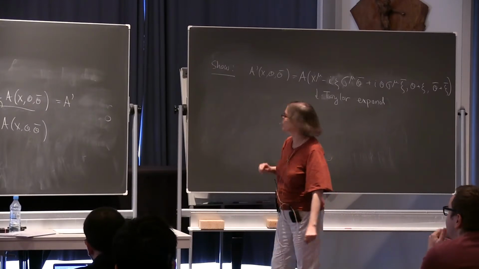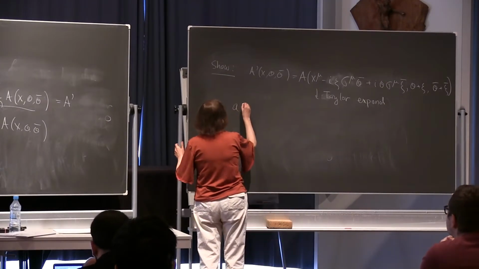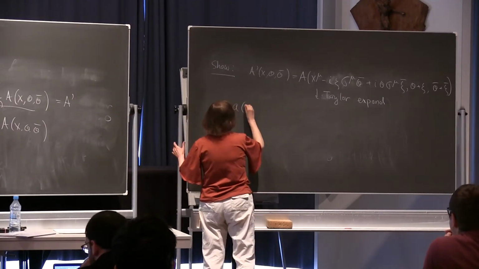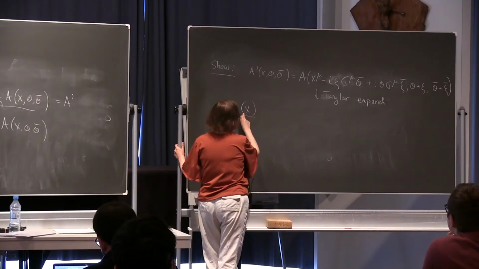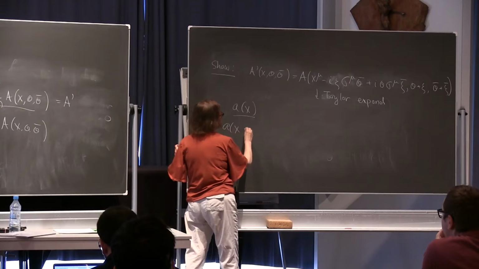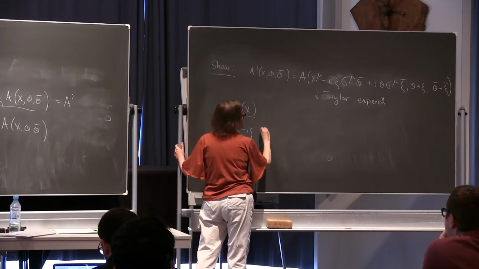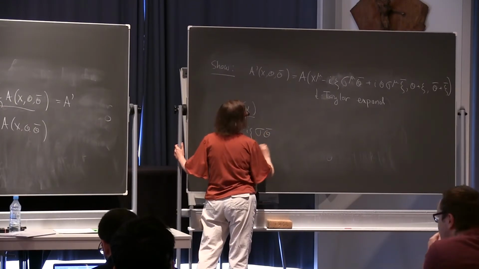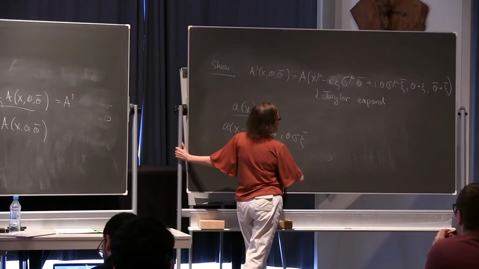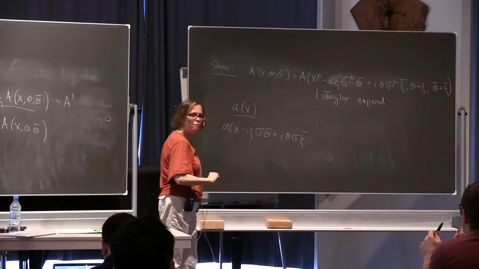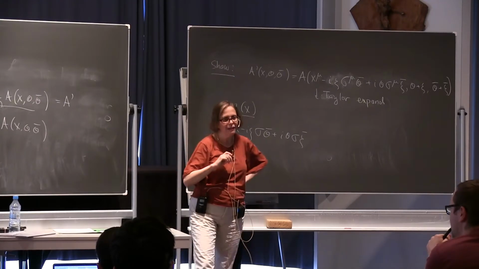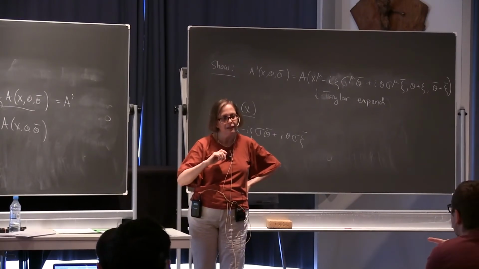So for each one of the fields, for example, the first thing that I had over there was just the scalar A of x. Now I have A of x minus i xi sigma theta bar plus i theta sigma xi bar. It is important what kind of generators are responsible for this.